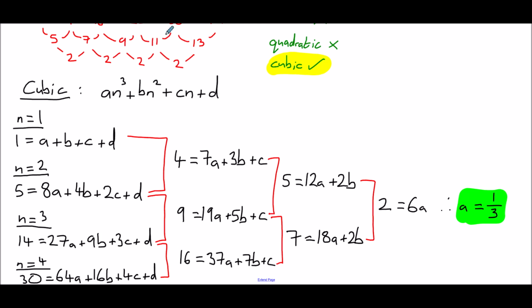So we can substitute this back in. And so if we sub a into this equation, so if I sub a into the blue one, I'm just going to highlight here.